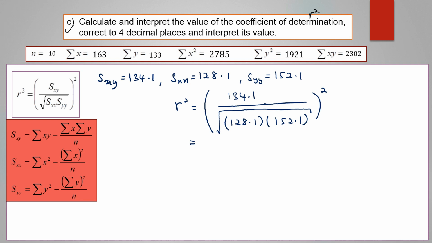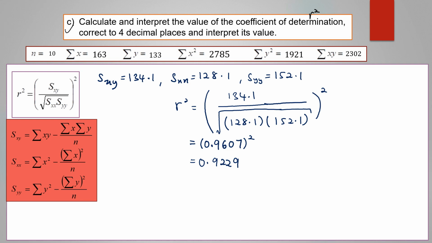So press your calculator correctly, you will get 0.9607 squared. It would be 0.9229. Please remember you should write your R square correct to 4 decimal places.